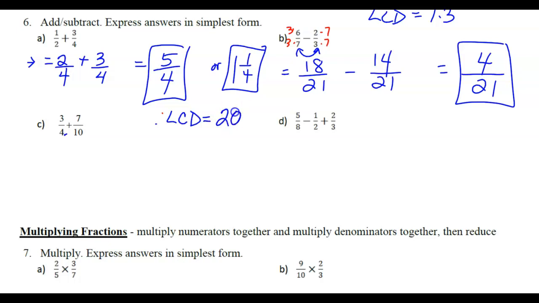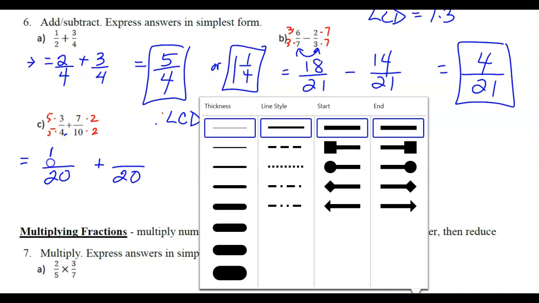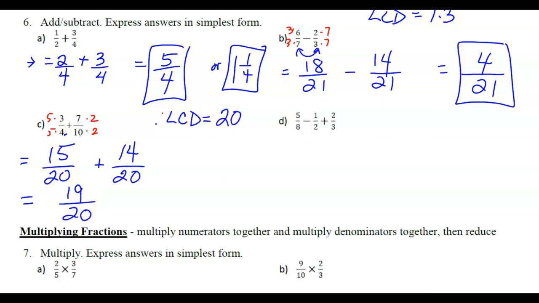So the lowest common denominator is 20. Now, if you used 40, it's not wrong, but you will have to reduce it at the end. So maybe you're saving yourself some time here. So multiply top and bottom by 5 to get 20, top and bottom by 2 to get 20 there. So that's 19 out of 20. Okay.